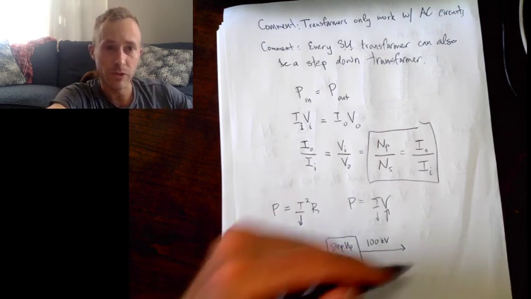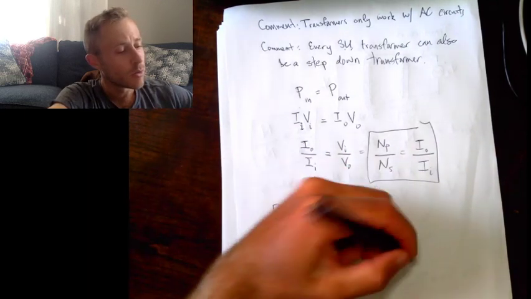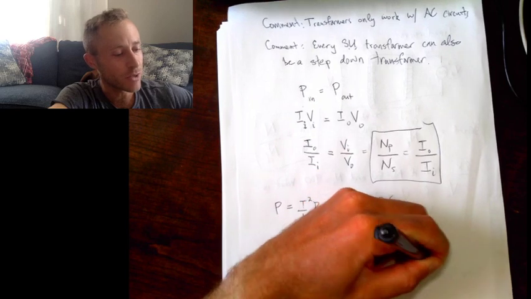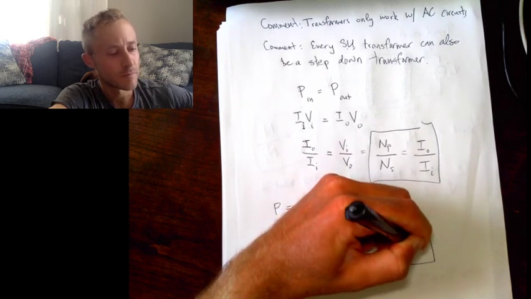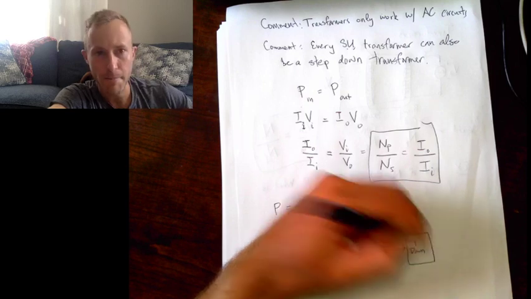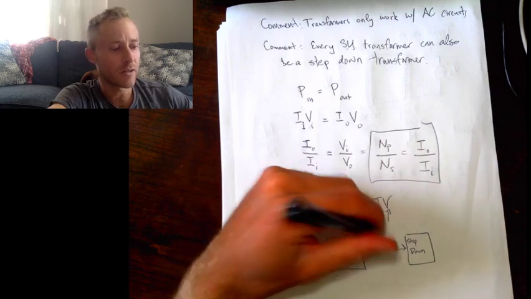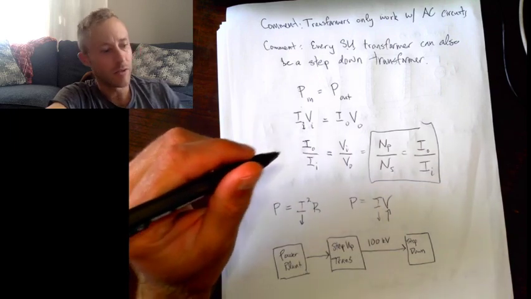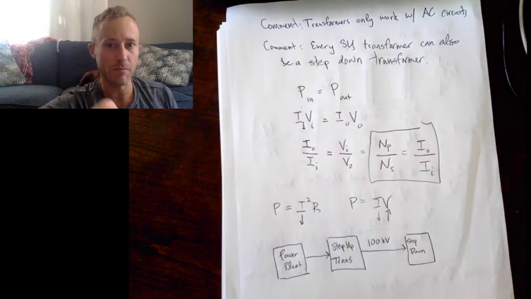And then somewhere close to your house, there's a power station where there's a step-down transformer. Okay. And the step-down takes the 100 kilovolts, and there might be multiple step-down transformers, so it might happen in stages.